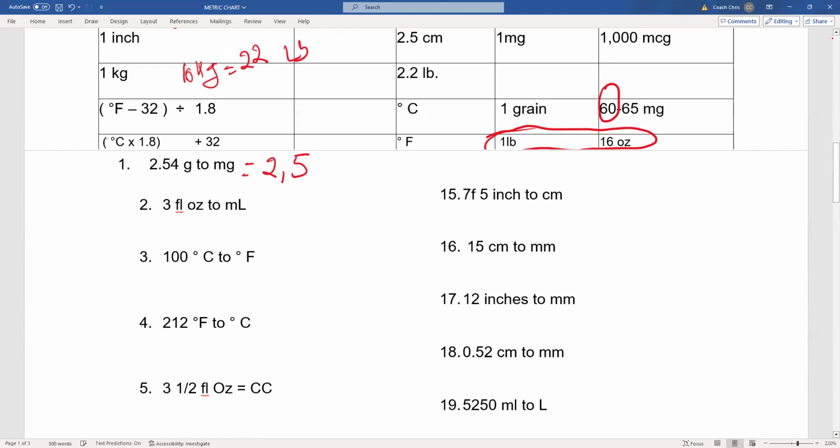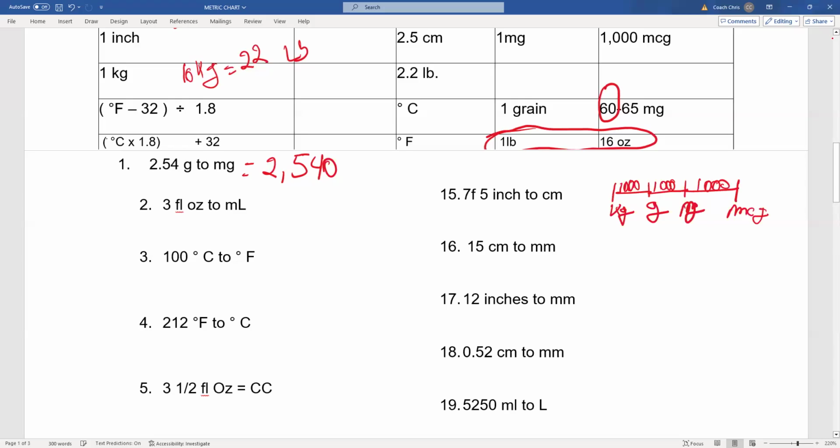You have to multiply. I'm going to put that family right there so you have an idea what we're talking about. So you have kilogram, gram, milligram, microgram. Every family member is 1,000 apart. So now you know kilogram to gram is 1,000. Gram to milligram, 1,000.